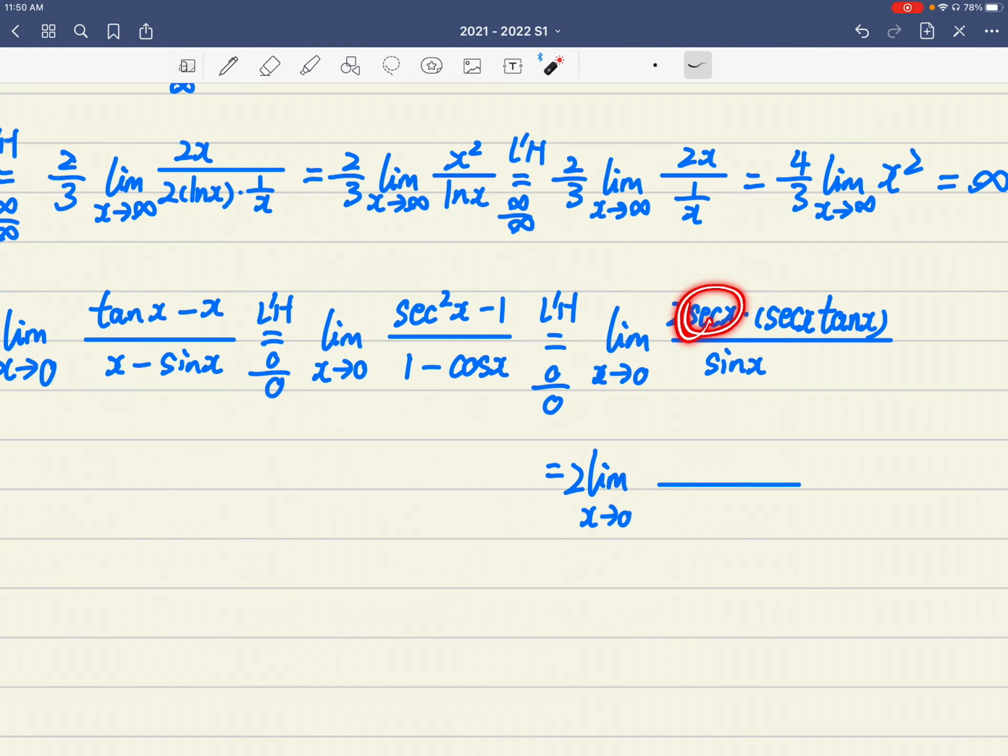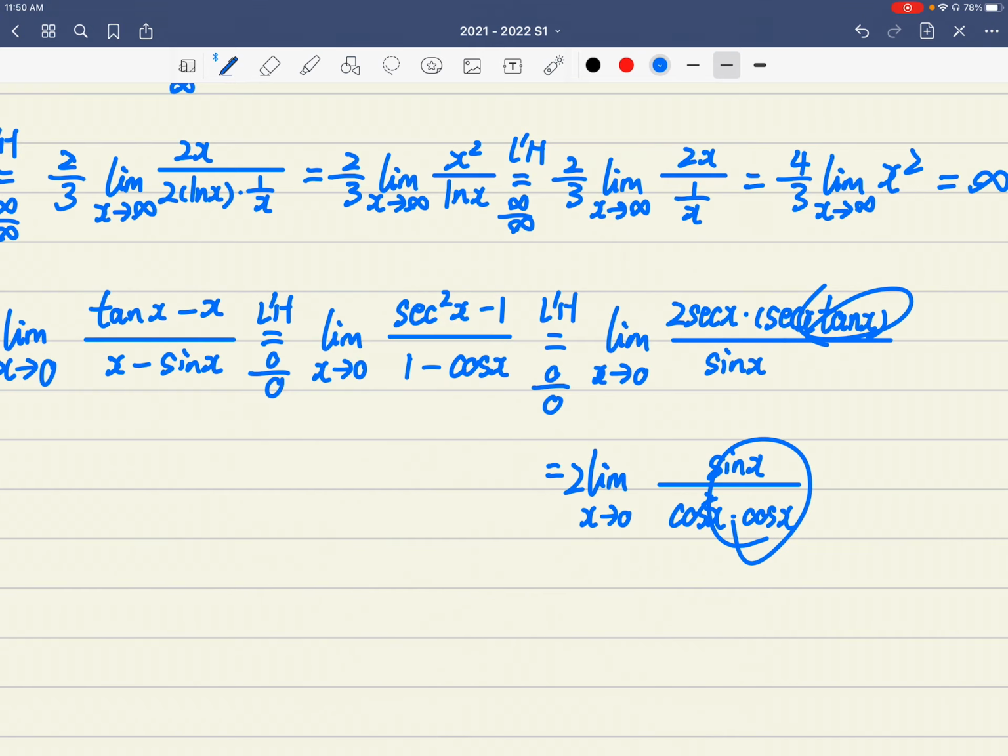You have 2 secant x, so it's cosine x squared. And tangent x is sine x over cosine x. So this part is tangent x, and you still have sine x.